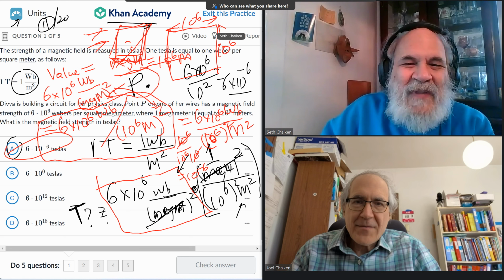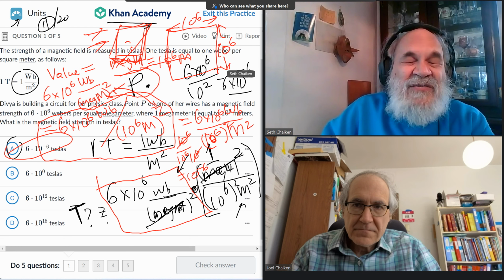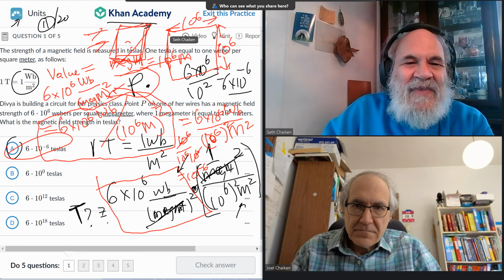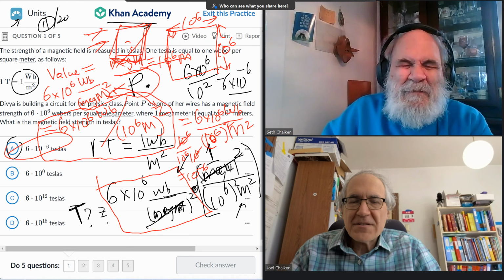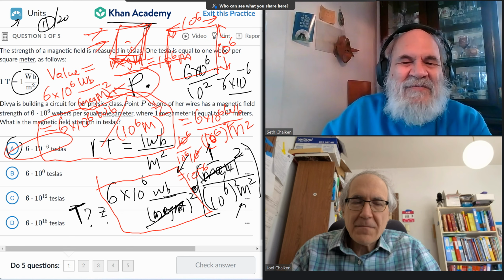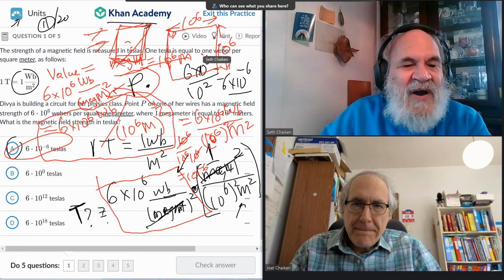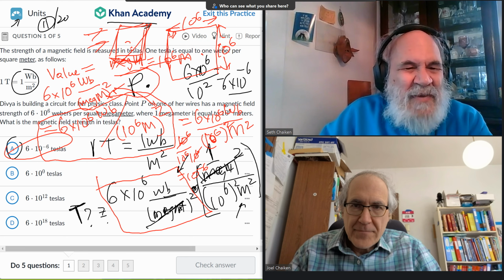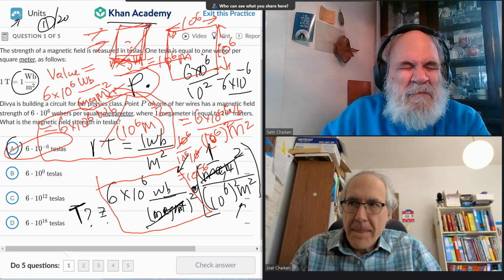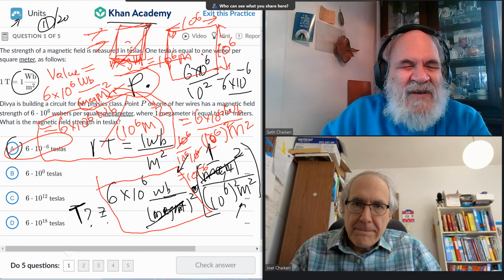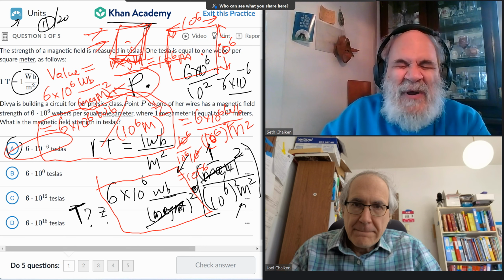And so how many little single square meters are there in there? 10 to the 12. So you have to divide by 10 to the 12. You take this big number, 6 times 10 to the 6, which is 6 million, and divide it to get the quantity of Webers to a little square meter.